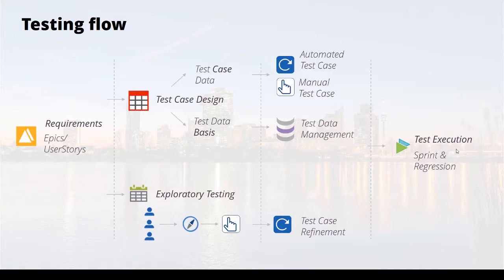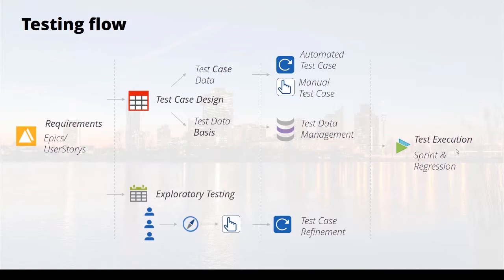The topic for today is our test case design and how we can use it for later test case specification. In this flow, we see automated test cases, manual test cases, and test data management for the test specification.